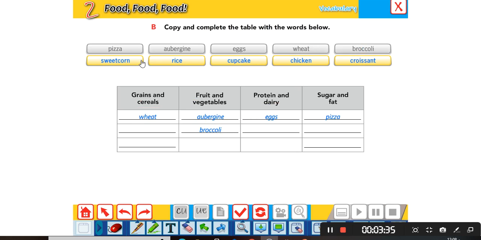Sweet corn belongs to, what do you think? Grains and cereals. Well done. And we will put rice under the column of grains and cereals as well. Fruit and vegetables, we have aubergine and broccoli. Protein and dairy, we have eggs and chicken. Well done. We have 2 left, cupcake under sugar and fat, and croissant.